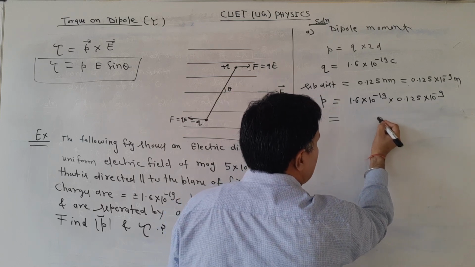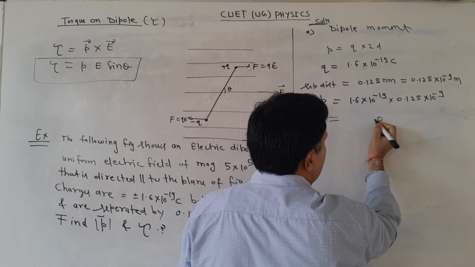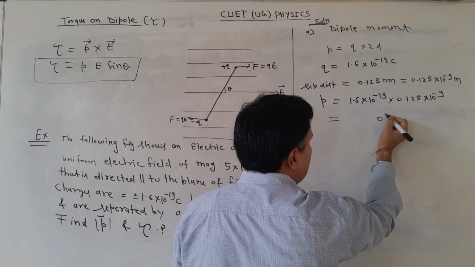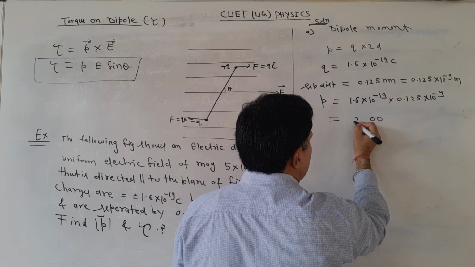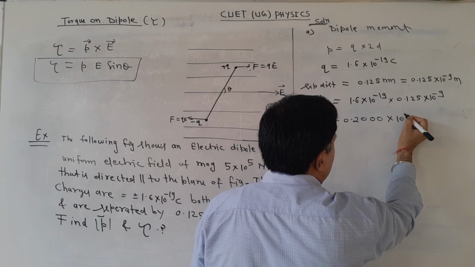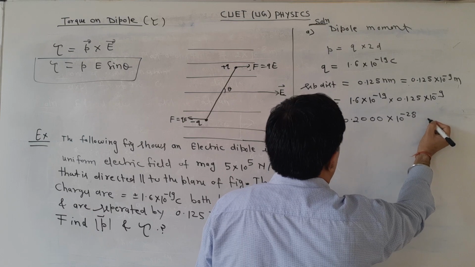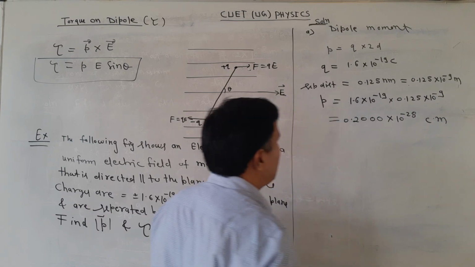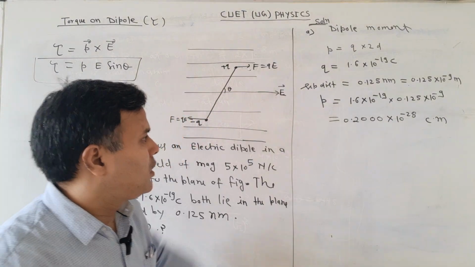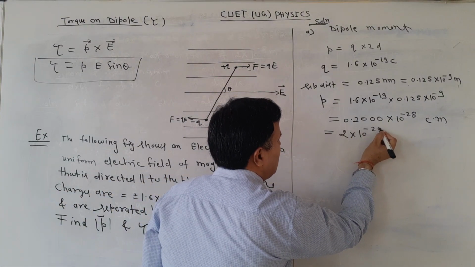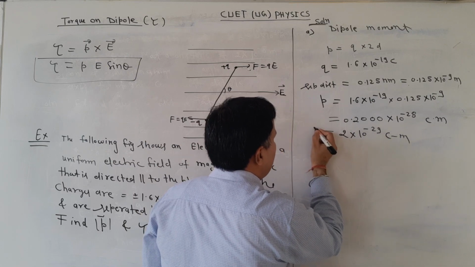Just multiply these numbers and we have 2 into 10 to the power minus 29 coulomb meter.